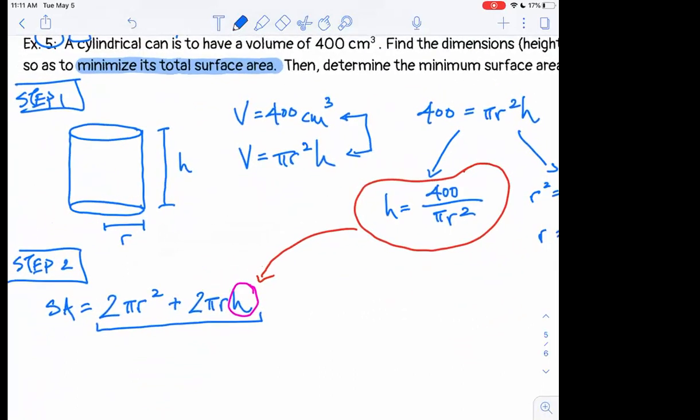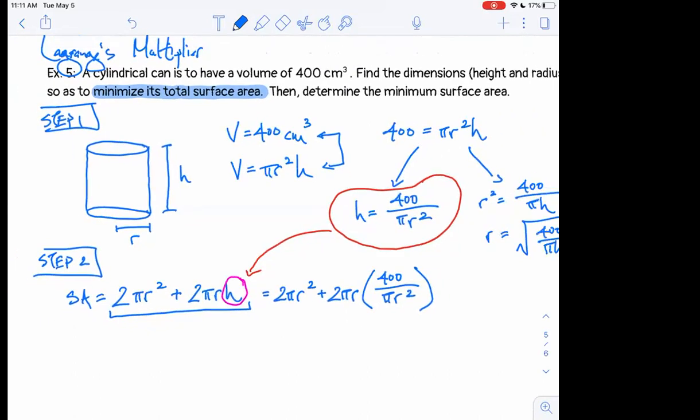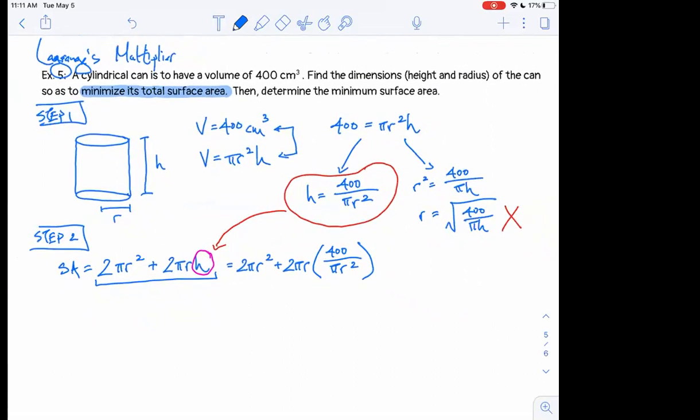So if we sub that in, we're going to get 2 pi r squared plus 2 pi r times 400 over pi r squared. And that is the surface area equation. That is a single variable. And now I can move on to step 3 where I simplify, take the derivative, set it equal to 0.